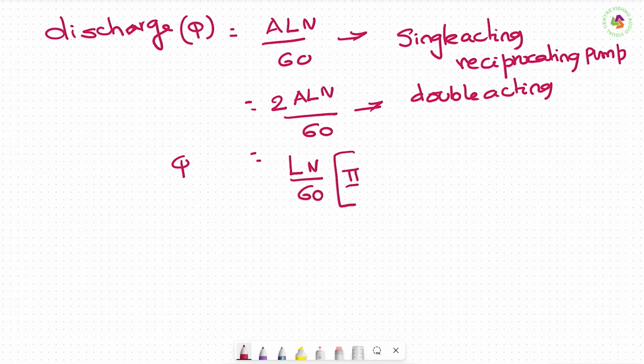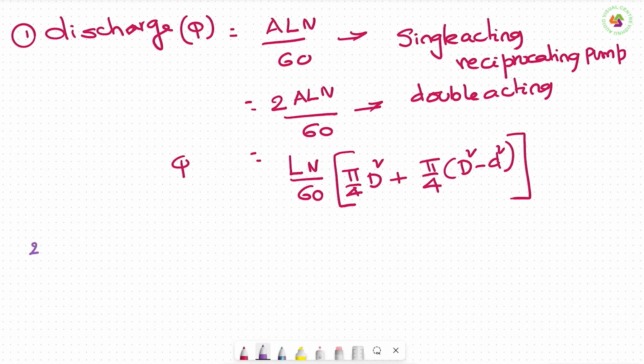It will change to pi by 4 into D square plus pi by 4 into (D square minus d square), where small d is the diameter of the piston rod. A is the area of the cylinder, L is the length of the cylinder, and N is the speed of the crank in RPM. Here capital D is the diameter of the cylinder, and small d is the diameter of the piston rod. So this is one equation.